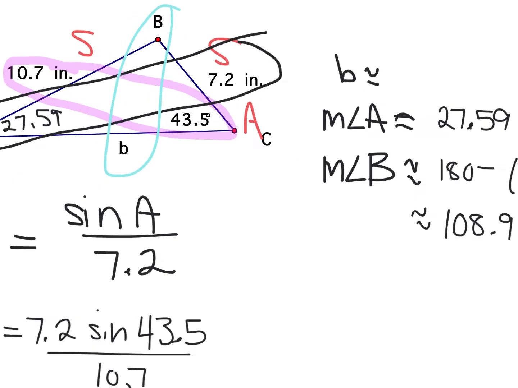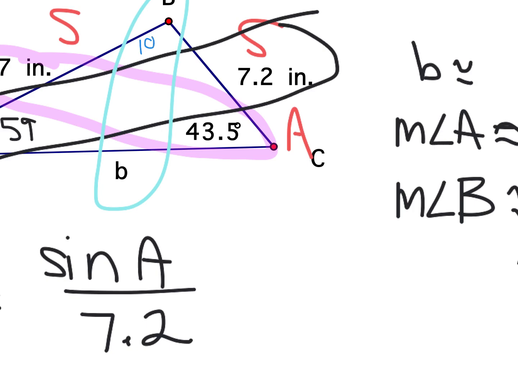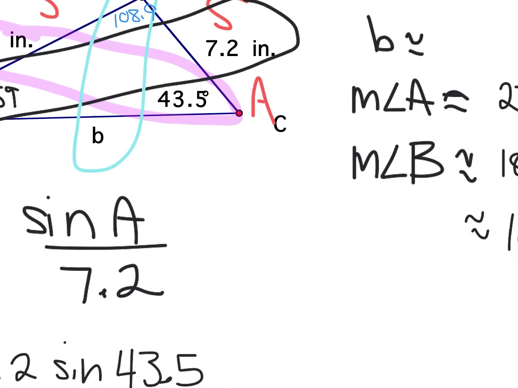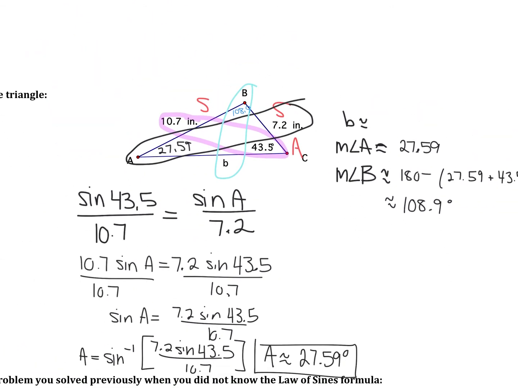Okay, so now that I know that that's 108.9, I have to do law of sines one more time to get side B. So let's do the same thing. We're going to do sine of 43.5 over 10.7, which was my initial angle and its opposite side, is going to equal, now because I'm looking for little b, I'm going to do sine of angle B, which we found is 108.9, divided by little b.